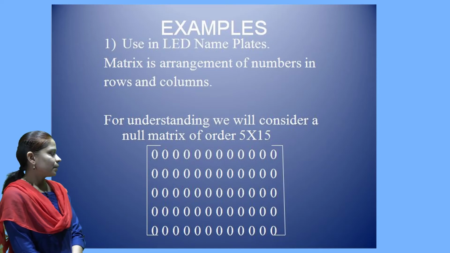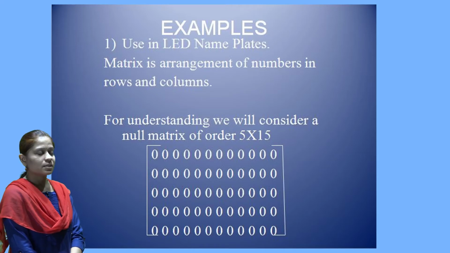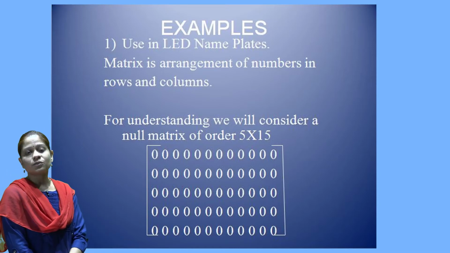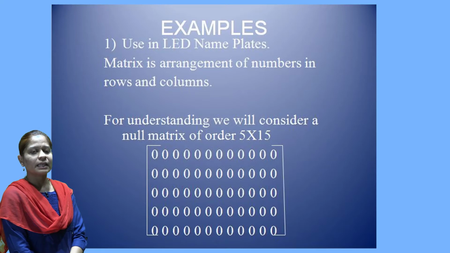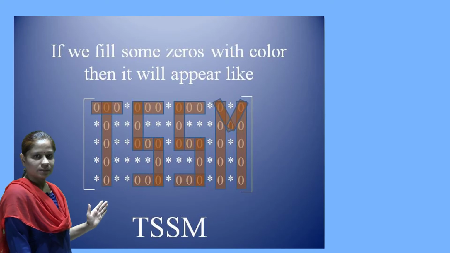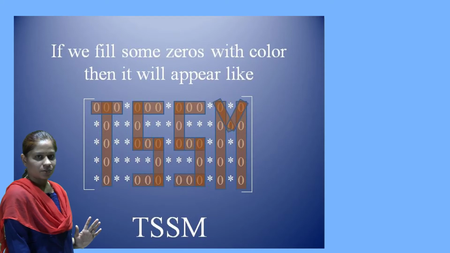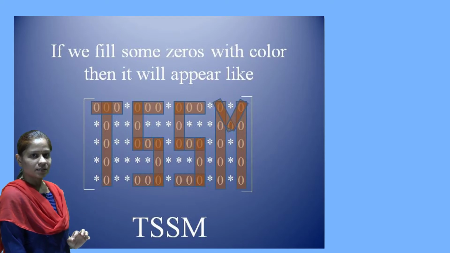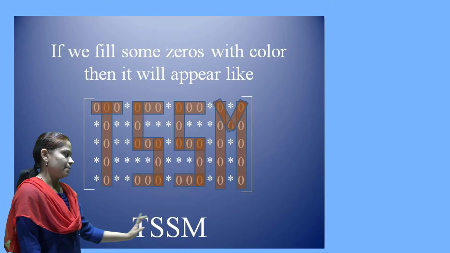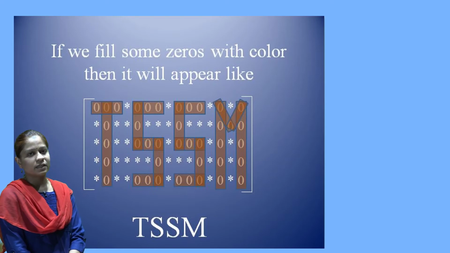If you turn on some of the LEDs and turn off some of the LEDs, then you can display any letter. In this example I have made some LEDs on and some off, so that it becomes the name T S S M. In this way, this is one application of matrices in engineering, in the LED screen.